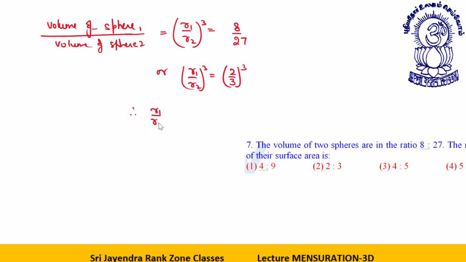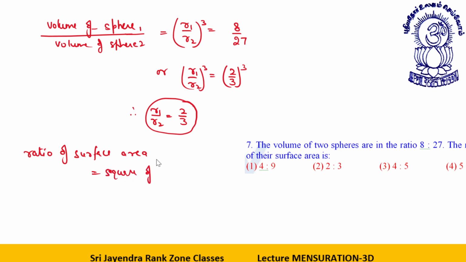Therefore, r1 by r2 is equal to 2 by 3. Okay, the ratio of their surface area is, now ratio of surface area will be what? Ratio of surface area is equal to square of ratio of radii. That is equal to 2 by 3 square, or you can say 4 by 9 is your answer. Am I clear, dear students? Shall I proceed ahead?